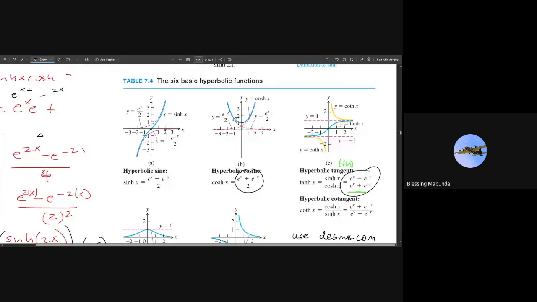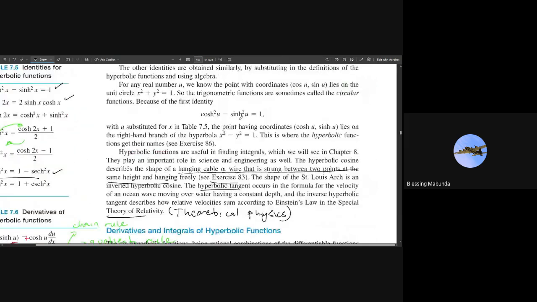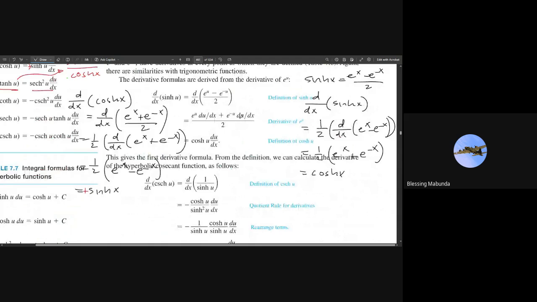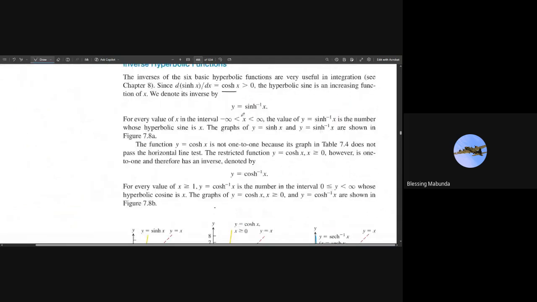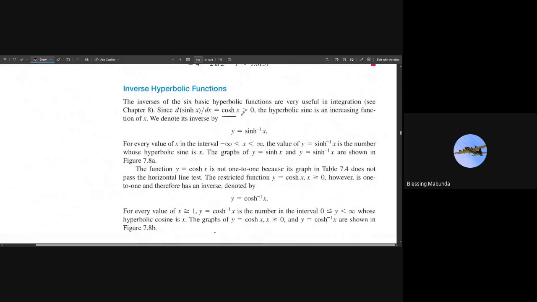It's always positive. So the hyperbolic sine is an increasing function of x. So this is how we denote its inverse.